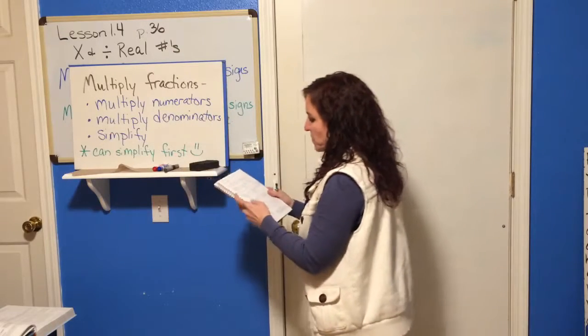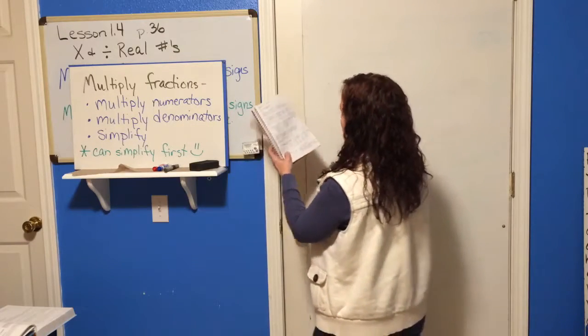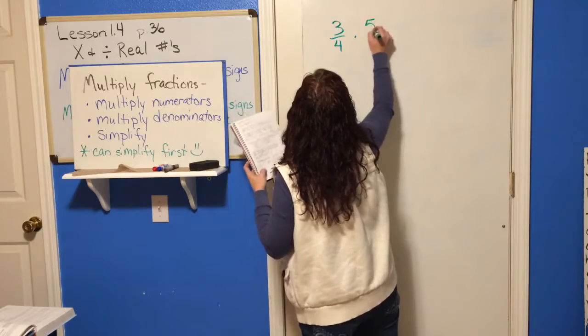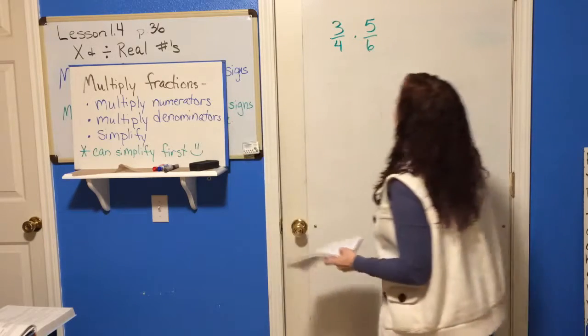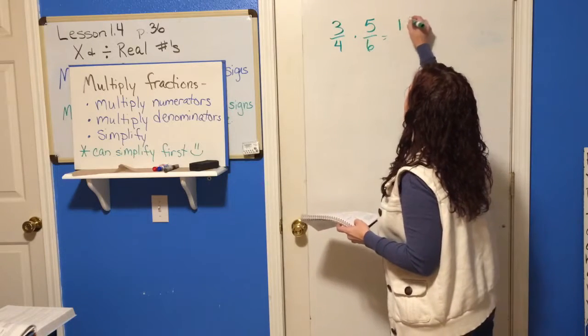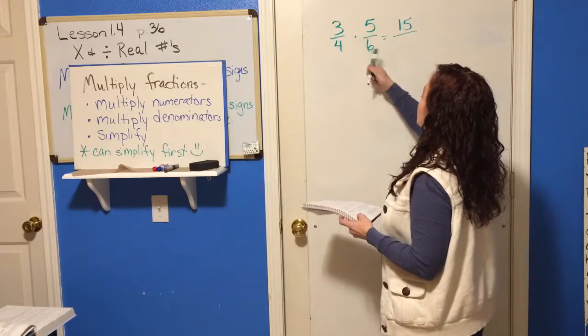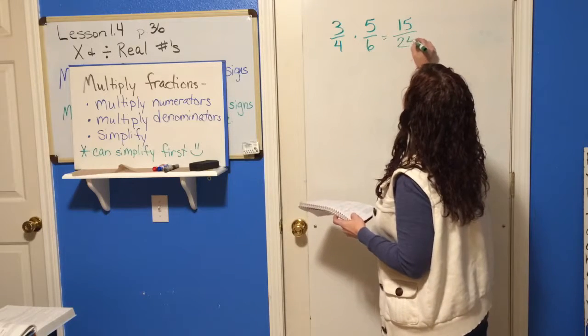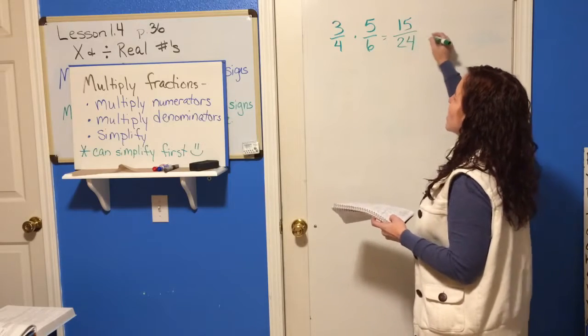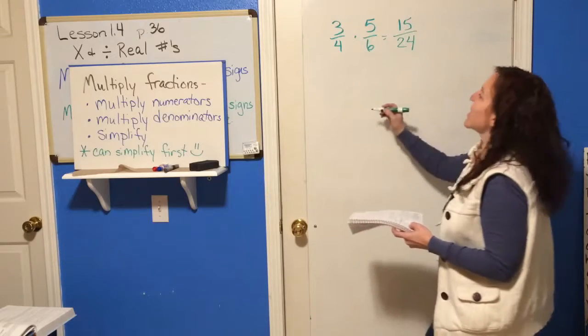Let's get a couple of problems here. If we've got 3/4 times 5/6, we can just multiply straight across. 3 times 5 is 15. 4 times 6 is 24. Then we can reduce this down. But check this out.